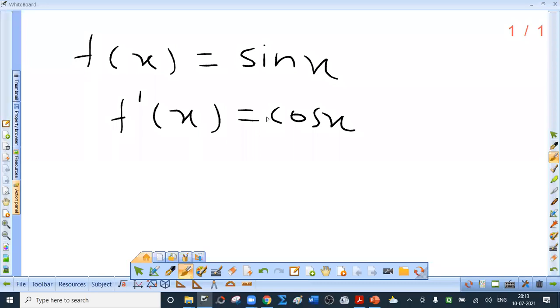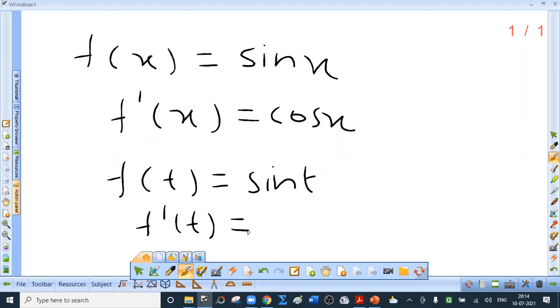If the function is sin x, you have to just remember at present that its derivative is cos x. See why I am saying with respect to x. If the function is sin t, f of t, then it will be f dash of t, cos t. Simple.